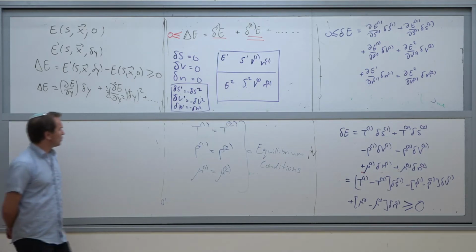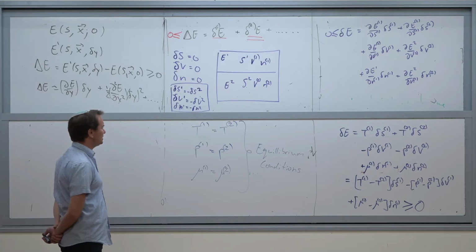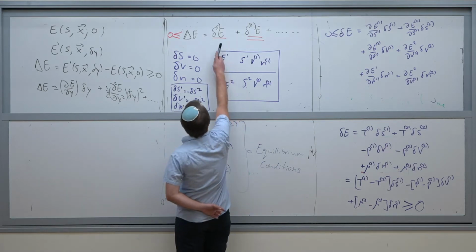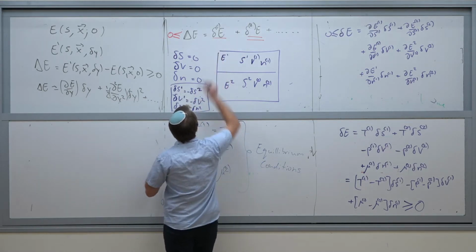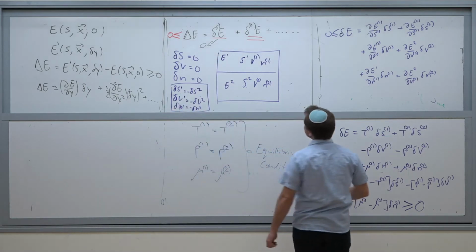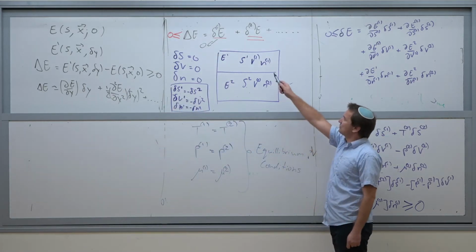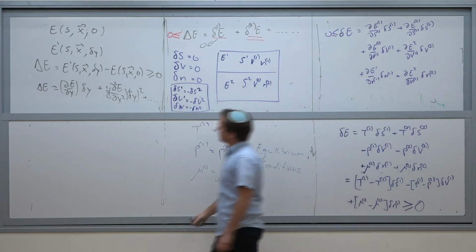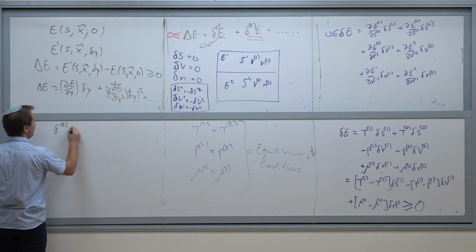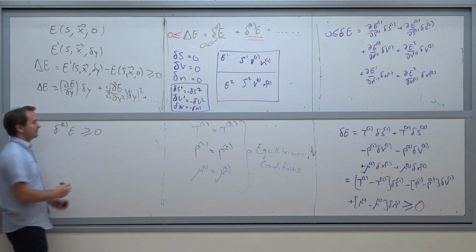Now we can follow the same procedure and try to say something about the second variation. So the first guy simply goes to 0. We can also say that if the first variation is 0, then the second variation, delta square E, must be positive.